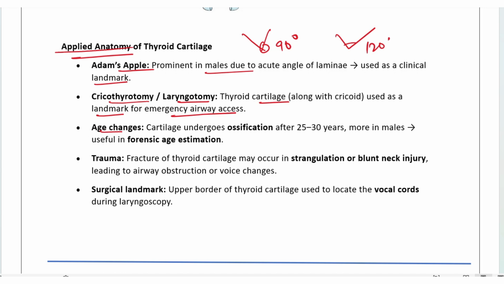Age changes are shown. Ossification occurs at the age of 25 to 30. Trauma or fracture of the thyroid cartilage may occur during strangulation or blunt neck injury. Thyroid cartilage acts as a surgical landmark to locate the vocal cords during laryngoscopy. This completes another 5 marker.